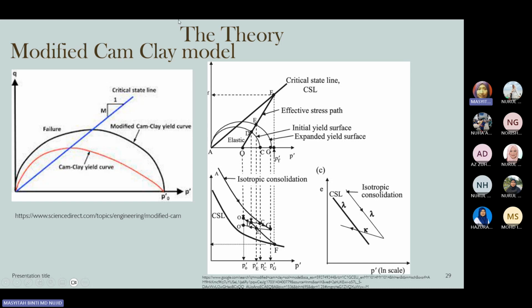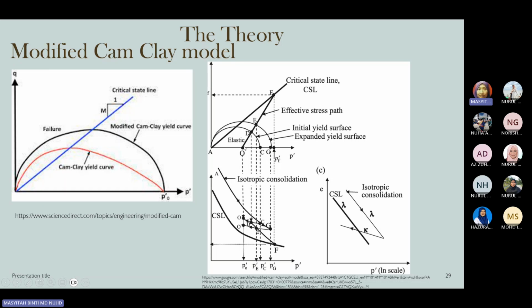Again, as I explained earlier, the modified Cam-clay model is derived from the critical state theory. On the right figure, you can see how the critical state theory explains the changes in the volumetric strain and also the changes from the initial stress to the final stress applied to the soil until it fails.